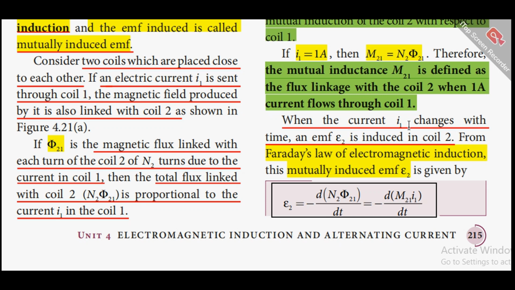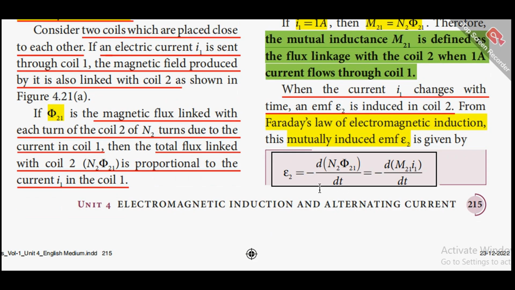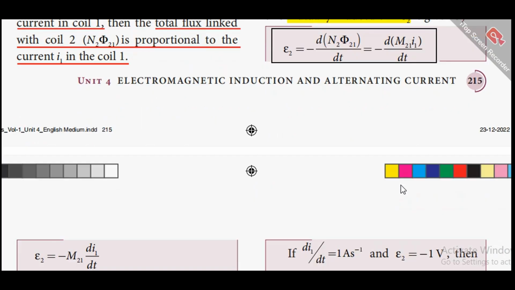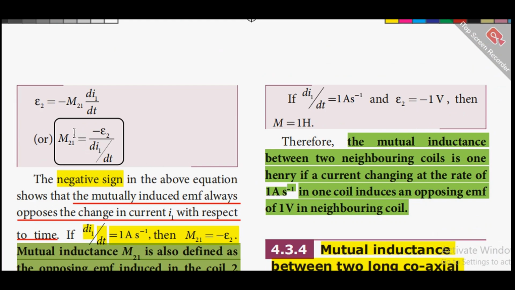When the current I1 changes with time, an EMF E2 is induced in the second coil. From Faraday's law of electromagnetic induction, this mutually induced EMF E2 is given by E2 equals minus d by dt of N2 phi21, which is minus d by dt of M21 I1. So the expression can be written as E2 equals minus M21 dI1 by dt, where dI1 by dt is the rate of change of current I1.